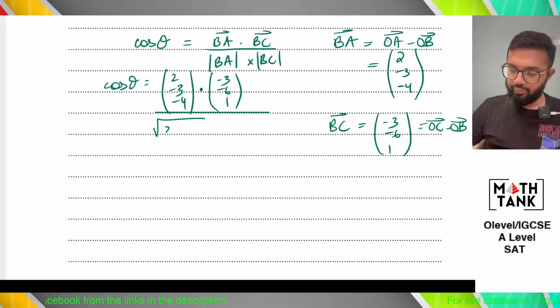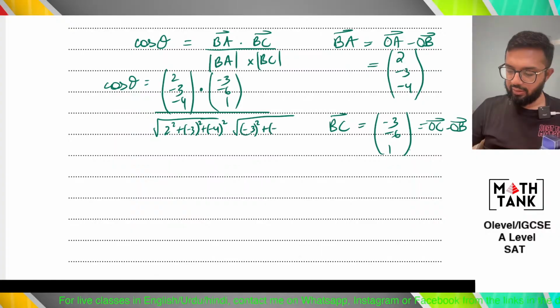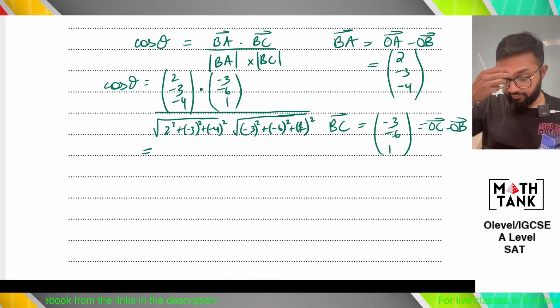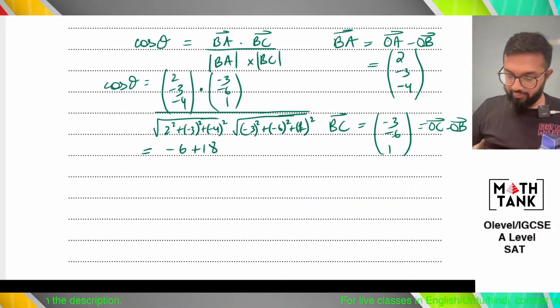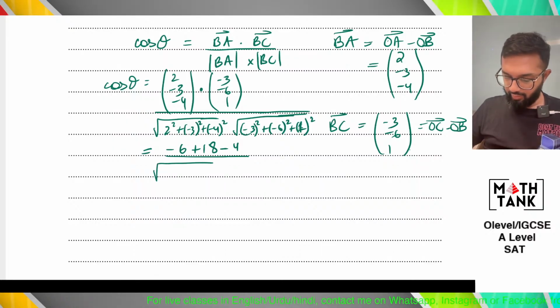BA is root of 2 squared, minus 3 squared, and minus 4 squared, and for BC, minus 3 squared, minus 6 squared, and 1 squared. The dot product is minus 6 plus 18 minus 4. Then 4 plus 9 plus 16, and 9 plus 36 plus 1.